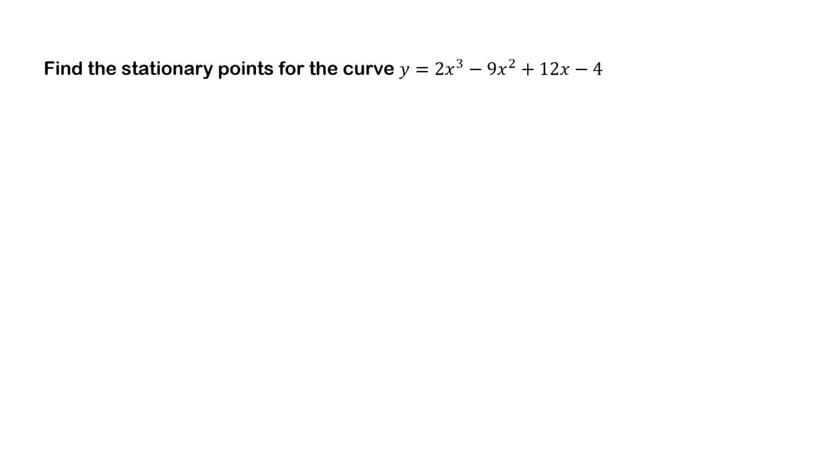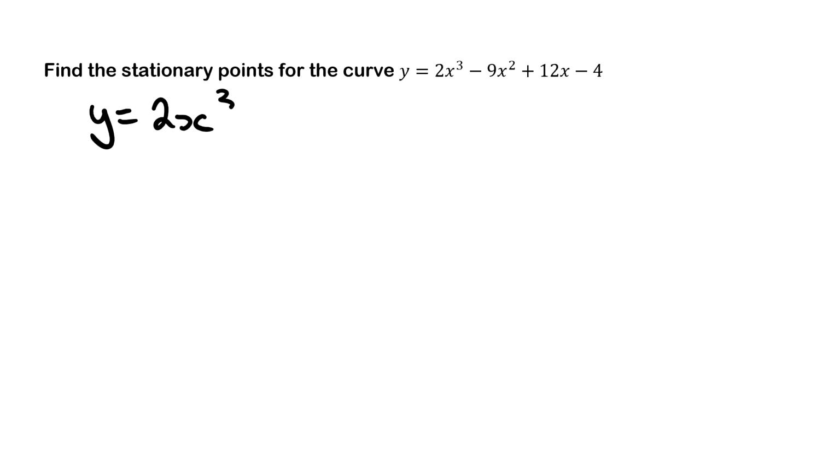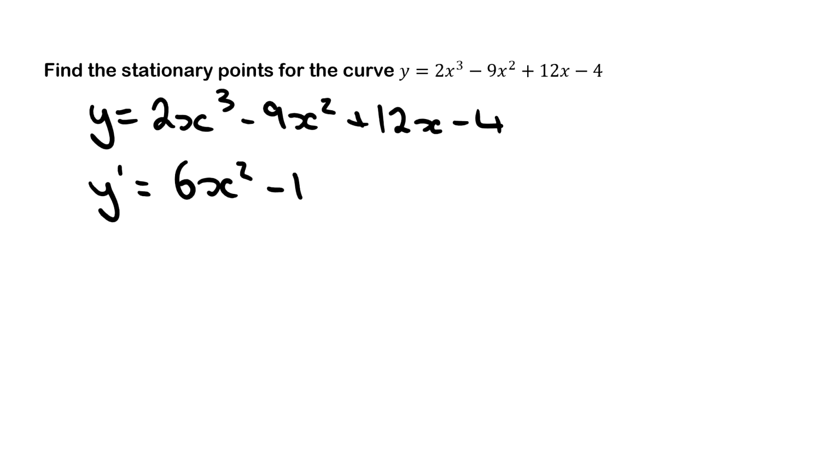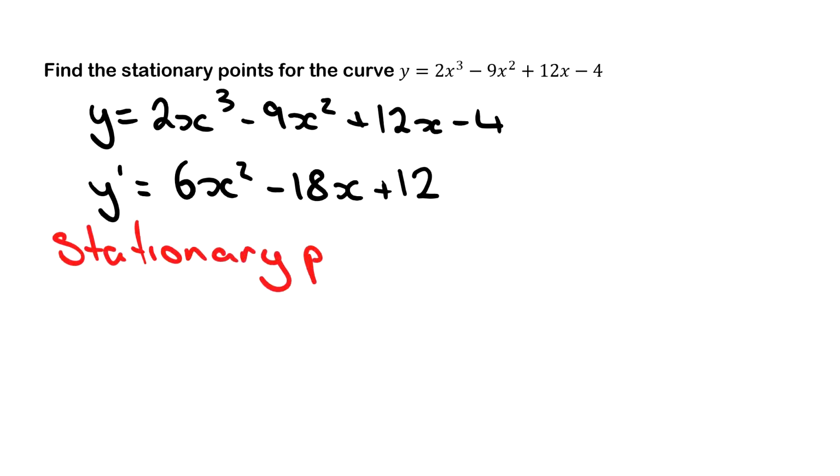We're going to look at our next problem here, and this time we're trying to find some stationary points. Again, we follow the same kind of steps. Here's my function, and we need to find our derivative. So let's differentiate this. Now, again, stationary points are when our derivative is 0.